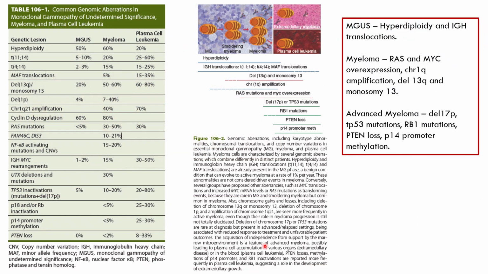And these are the genomic aberrations included in MGUS, plasma cell leukemia, and myeloma, like hyperdiploidy, translocation 11;14, translocation 4;14, cyclin D dysregulation, RAS mutations, IGH MYC rearrangements, and TP53 inactivation, etc.